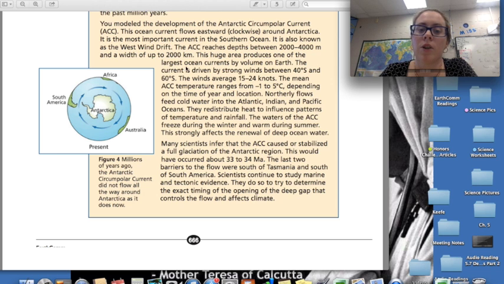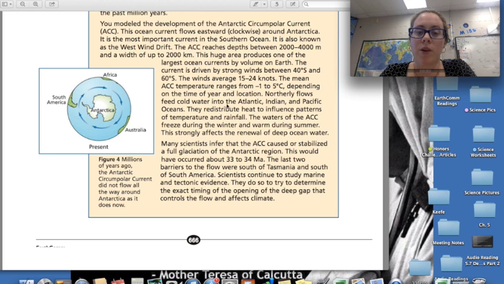This huge area produces one of the largest ocean currents by volume on Earth. The current is driven by strong winds between 40 degrees south and 60 degrees south. The winds average 15 to 24 knots. The mean or average ACC temperature ranges from -1 to 5 degrees Celsius, so this is right around freezing, depending on the time of year and location.